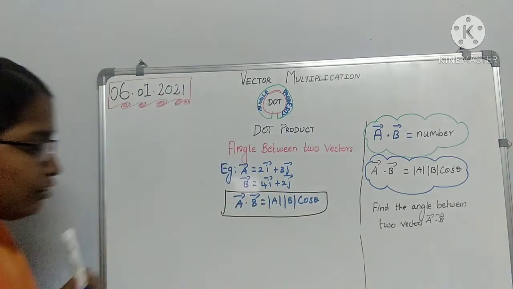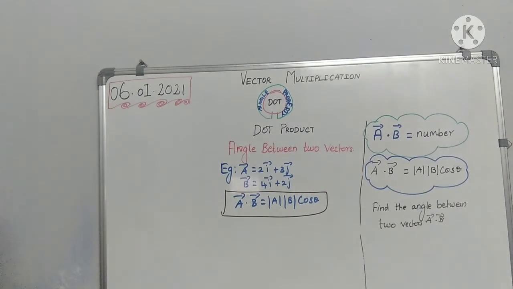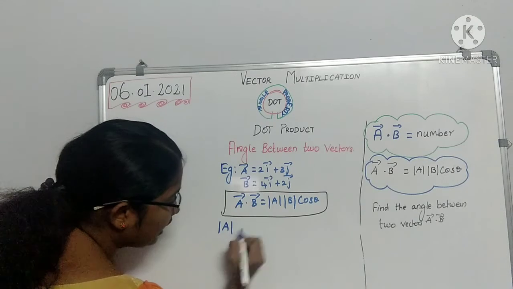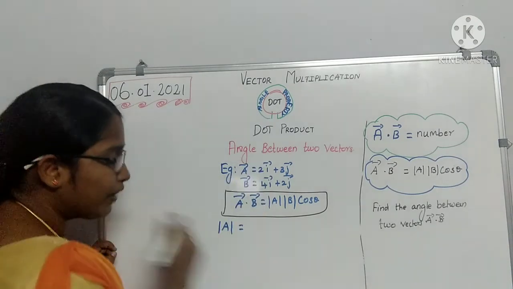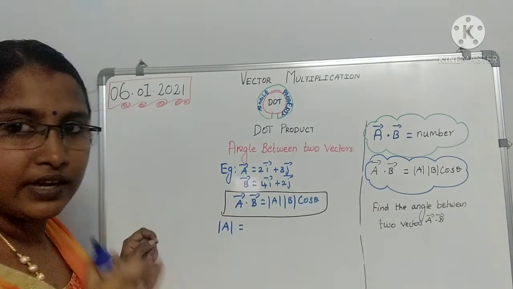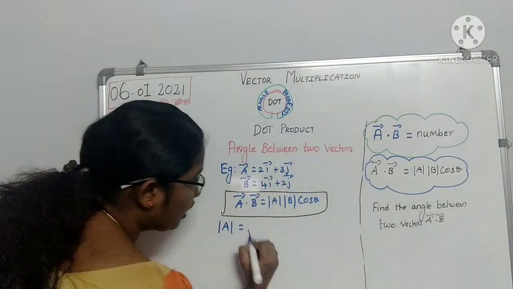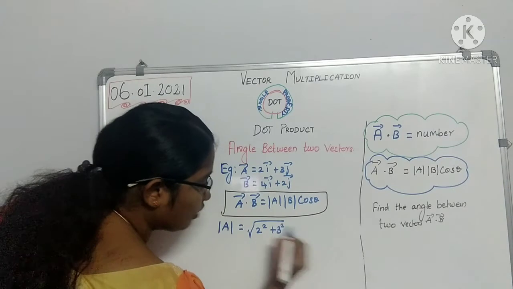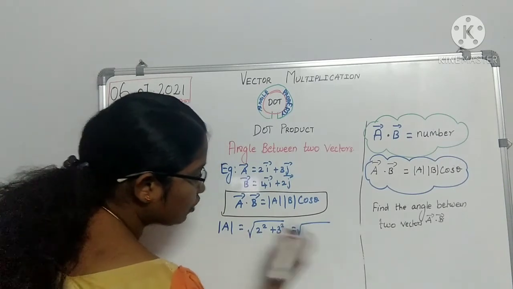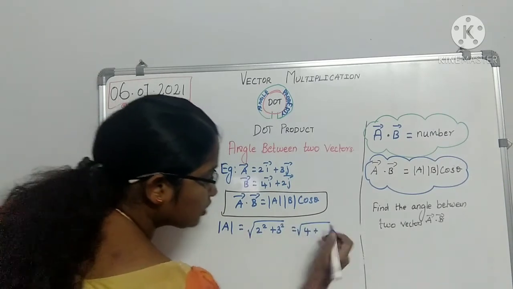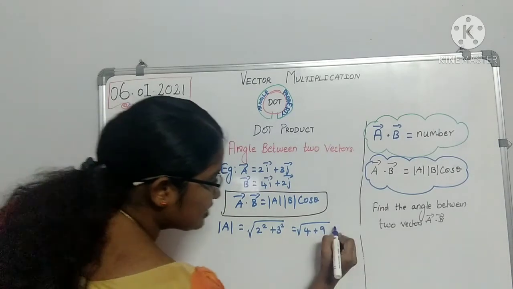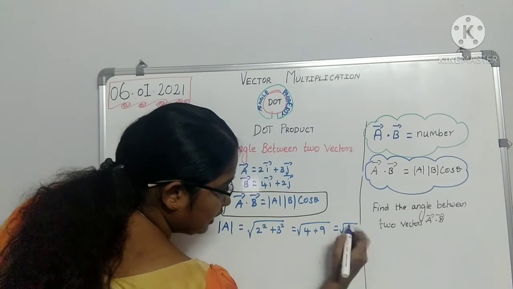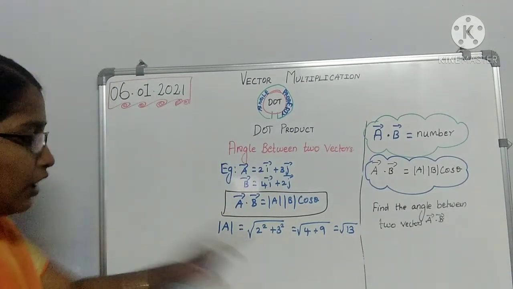So we need to find mod of A. How to find the modulus? Already in the last class we have seen how to find the modulus. Root of only the components: 2 square plus 3 square. 2 square is 4, 3 square is 9. So 4 plus 9 you will be getting 13, so root of 13.